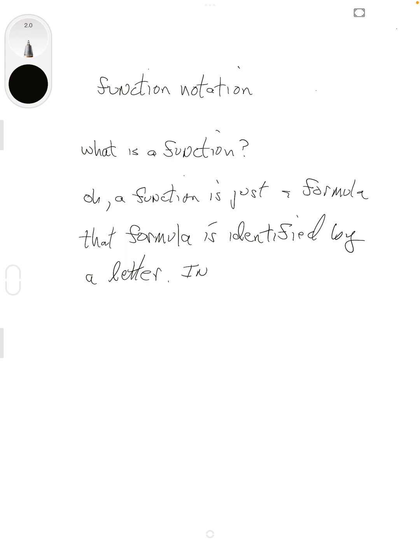In the formula, the algebra variable is another letter.